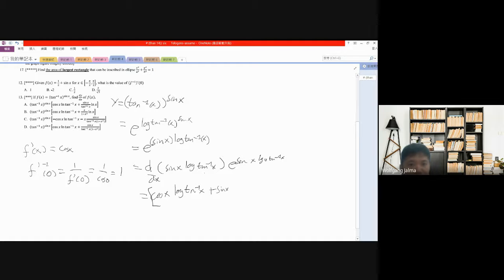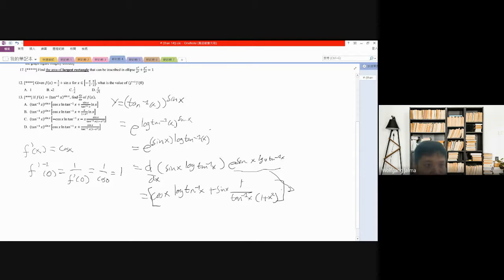What is the derivative of tan inverse x? I forget. Okay, 1 over 1 plus x squared, yes. So something like this, times the original thing.